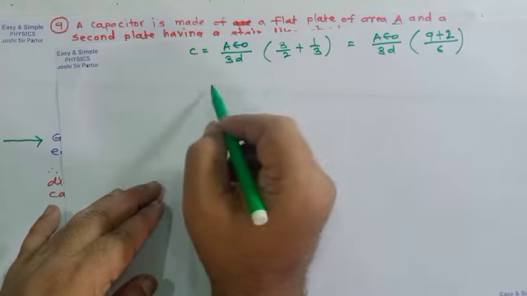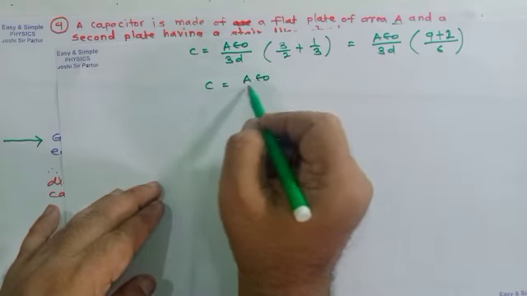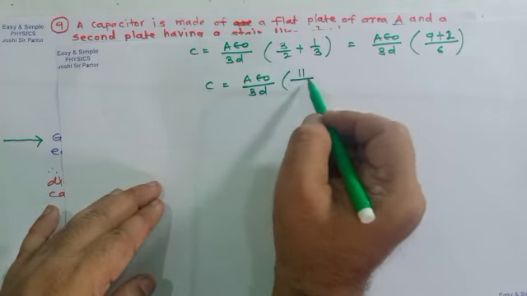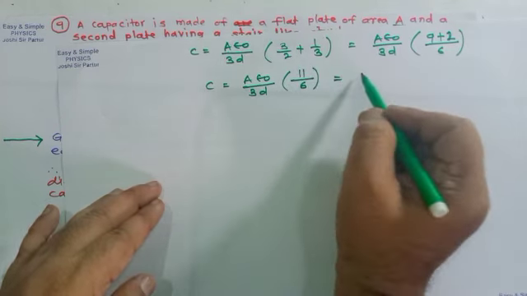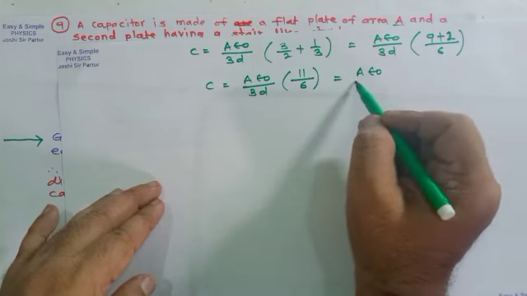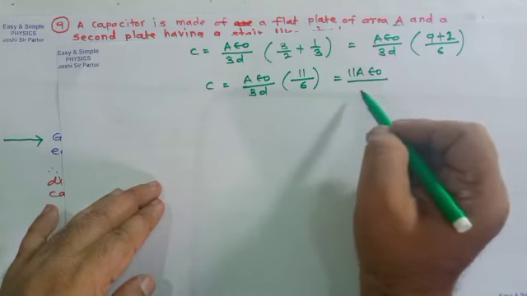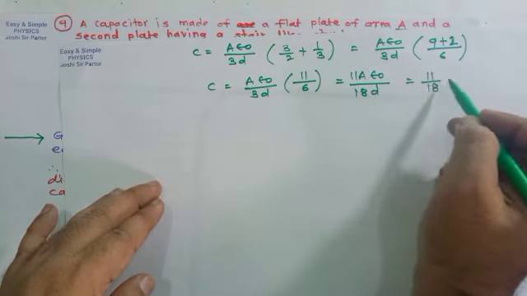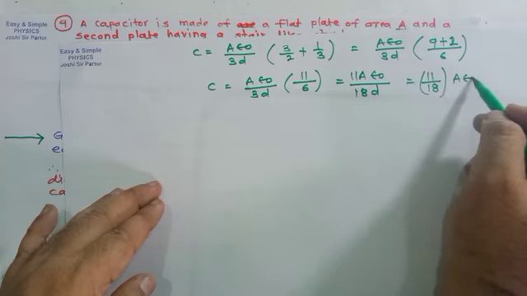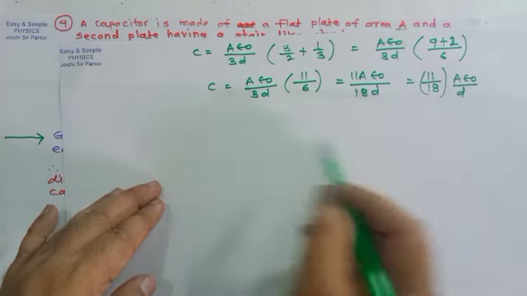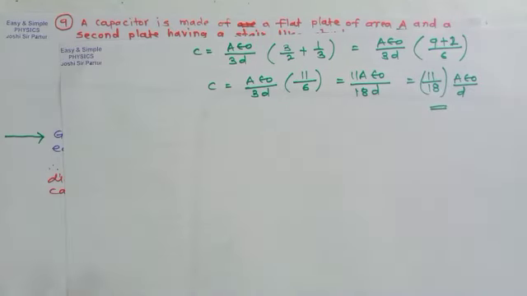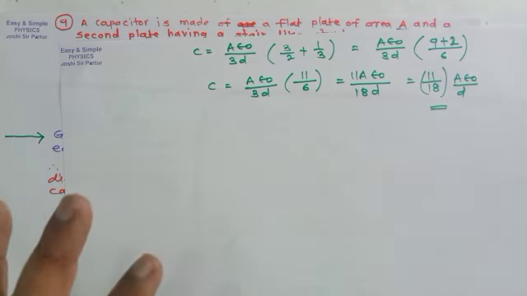So here C is equal to A epsilon 0 upon 3D in bracket 11 upon 6, which is 11 A epsilon 0 upon 18D, or 11 upon 18 A epsilon 0 upon D will be the effective capacitance between two plates in given example.